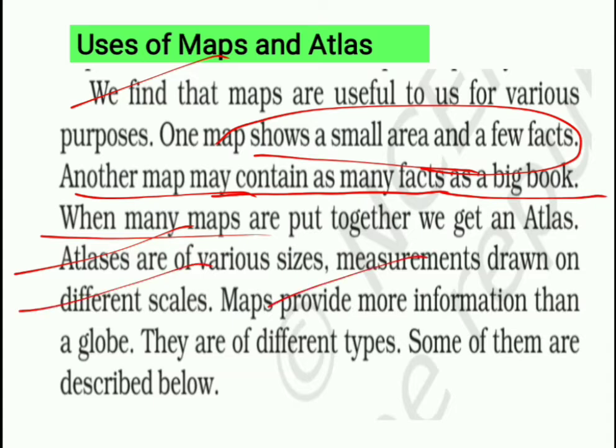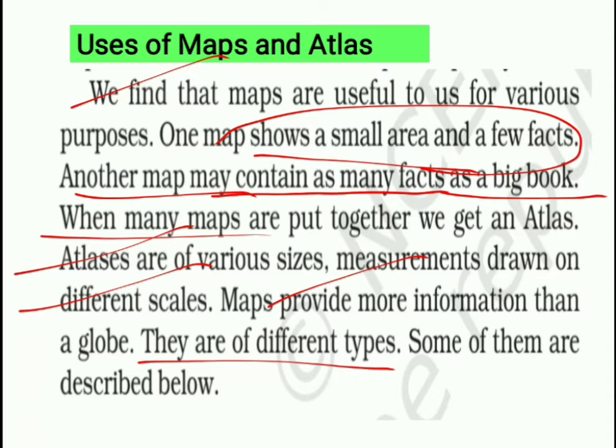Maps provide more information than a globe. They are of different types. On a globe, we can see the oceans, the continents, some subcontinents' names, and the latitudes and longitudes. Now we are talking about the map.